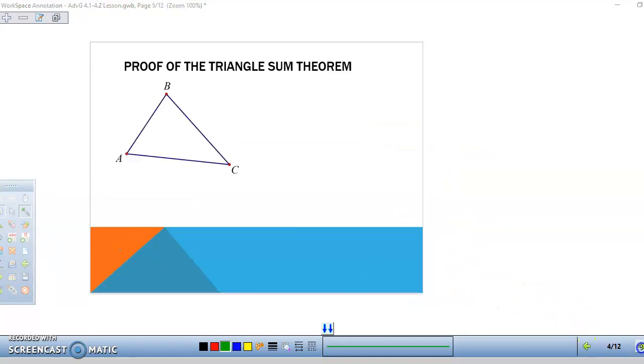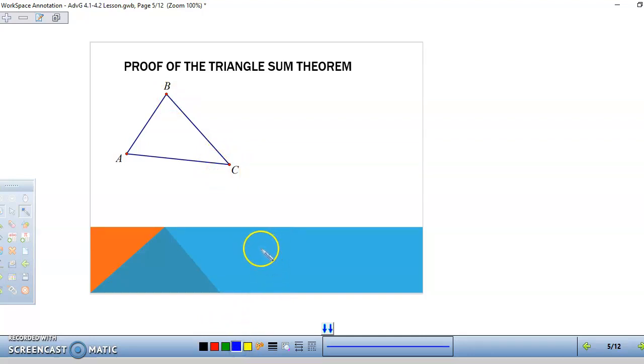So first one, we are actually going to prove, or just talk through the proof of, the triangle sum theorem. So we're going to prove that the measure of angle A plus the measure of angle B plus the measure of angle C equals 180. Well, here's the thing.